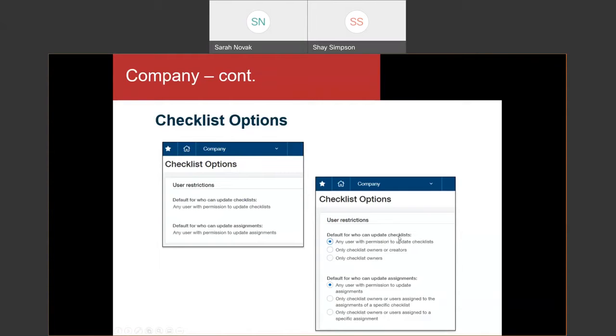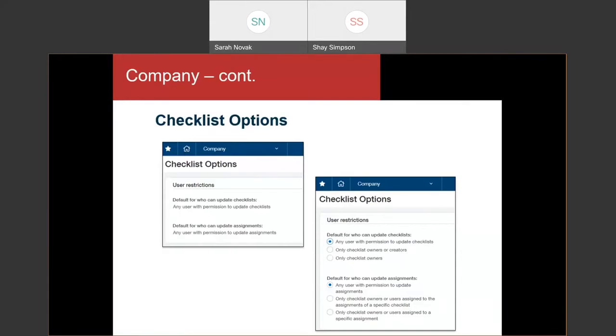Do we want any user with permissions to be able to update the checklist? Or only the checklist owners or creators, or just the checklist owners? We can also set the ability to update the assignments as well.